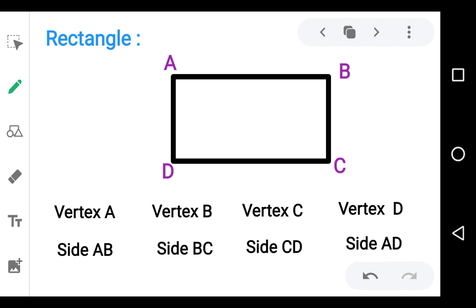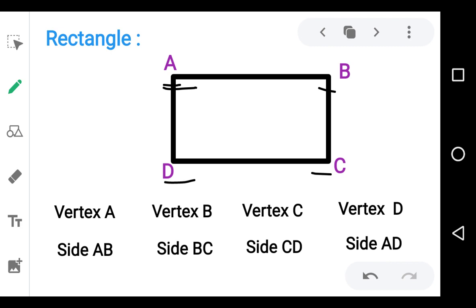We can start at any corner and then go around all the vertices and name them. So we can tick this vertex and call it A, and use the word vertex because we are talking about a single point. Now we can go around the remaining vertices and call them B, C and D.